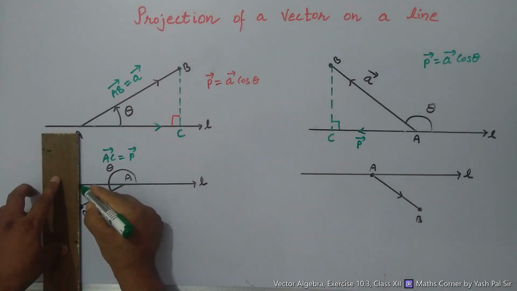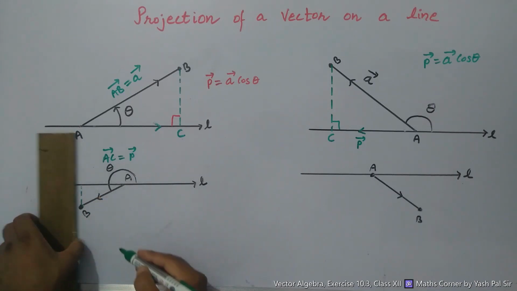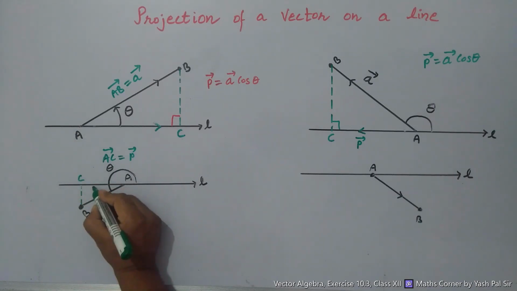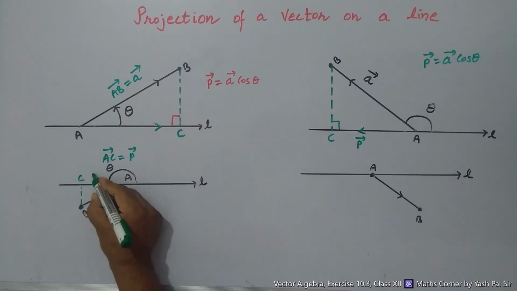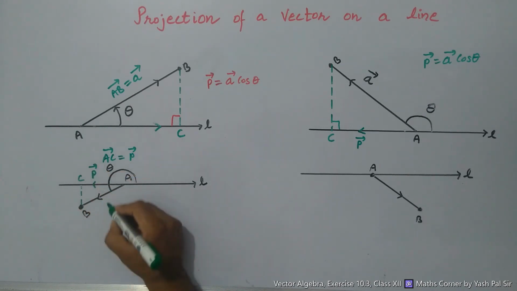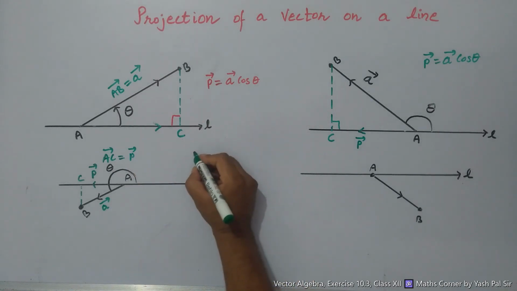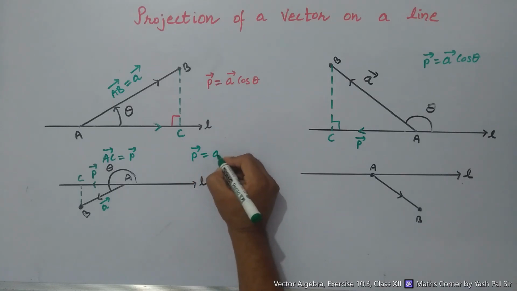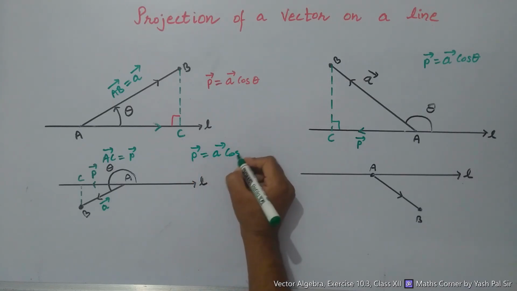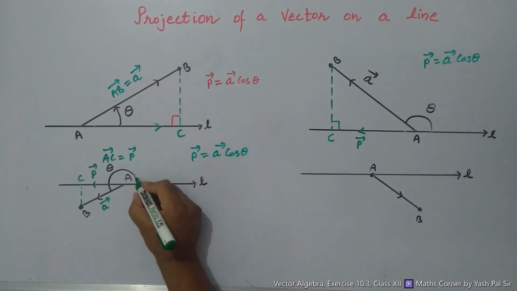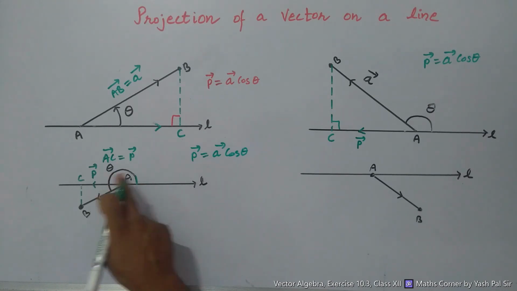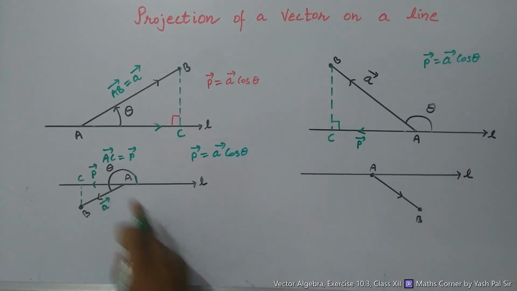This point is C and this vector is P, this is vector A. Again, projection is equal to vector A into cos theta. Theta is very important here.